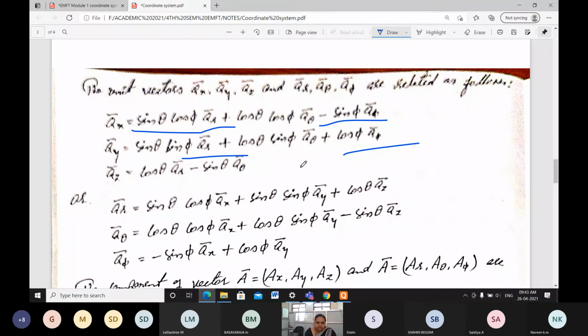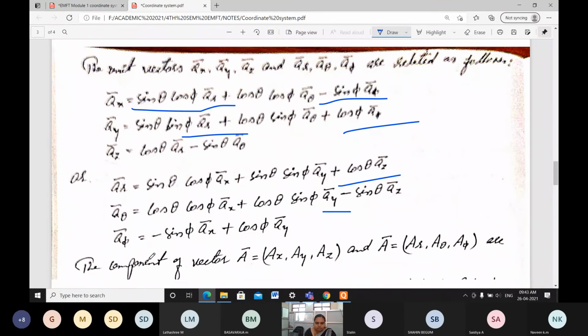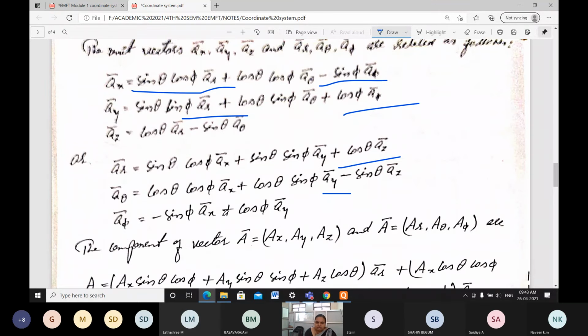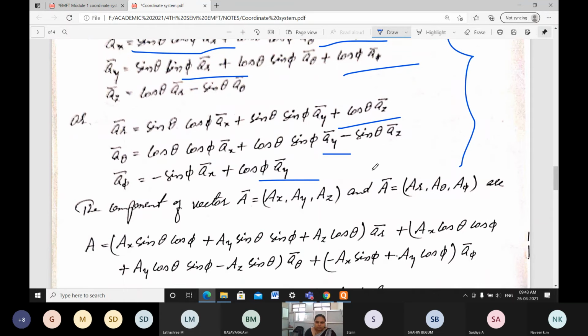Or else I can write ar as sin theta cos phi ax plus sin theta sin phi ay plus cos theta az. Then a theta is going to be cos theta cos phi ax plus cos theta sin phi ay minus sin theta az. Then a phi is going to be minus sin phi ax plus cos phi ay. These are the equations you will get in terms of unit vectors.